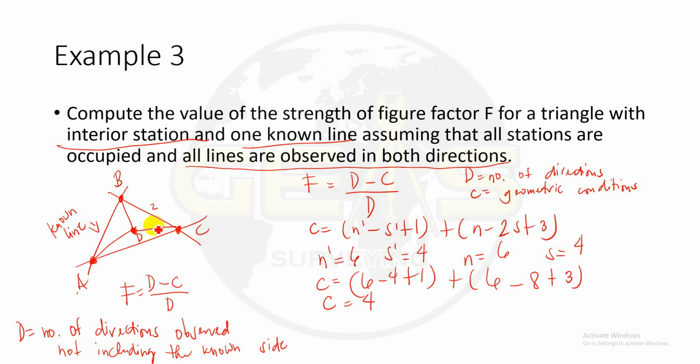Okay, 2 directions and 2 directions. So our total directions is 10. And the geometric conditions minus 4, minus 10. So, F is equal to 0.60.